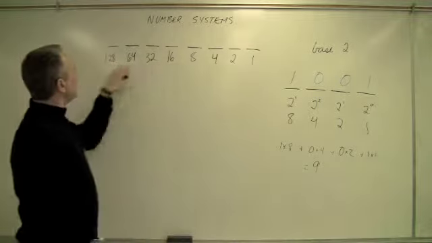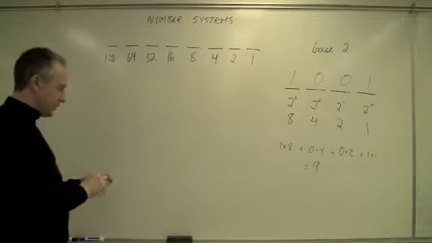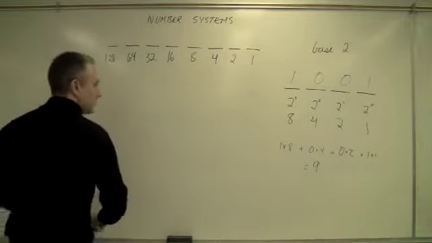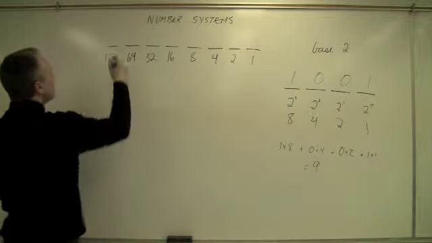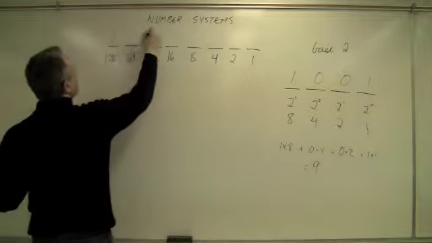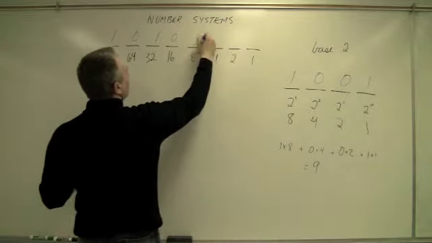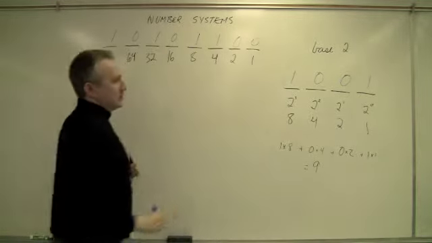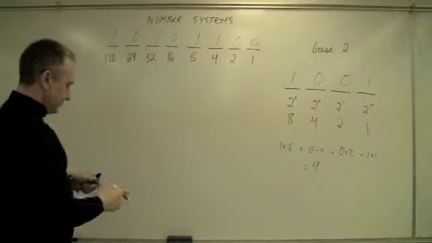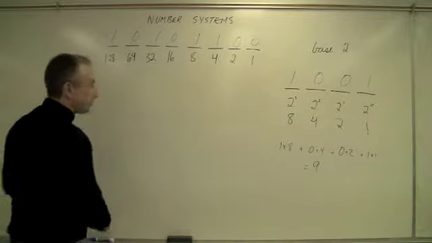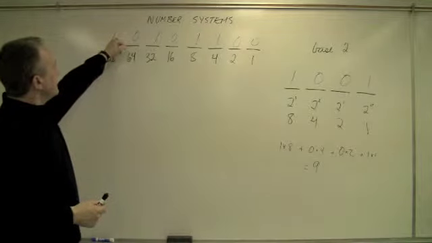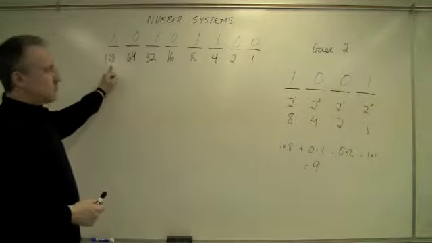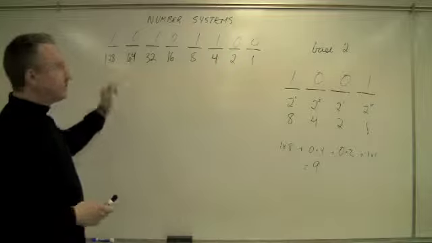I'm going to leave my blanks here because I want to use that. And we'll pick another number, say 10101100. Again, same thing: multiply the digit by the position value.